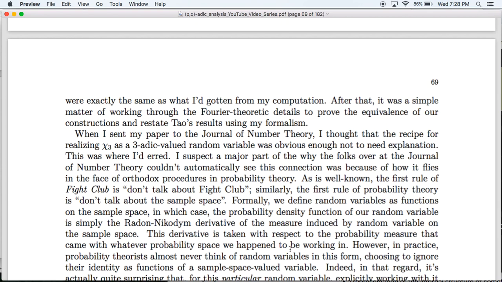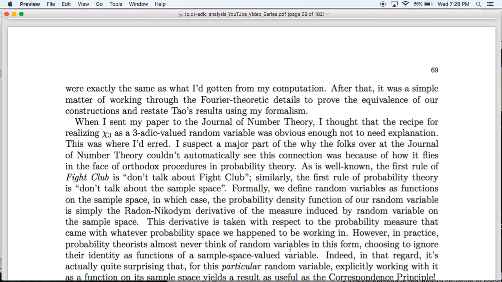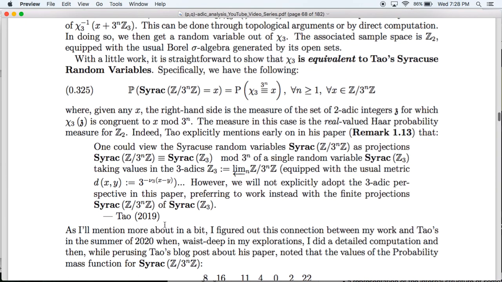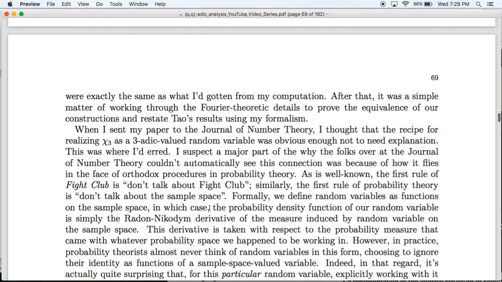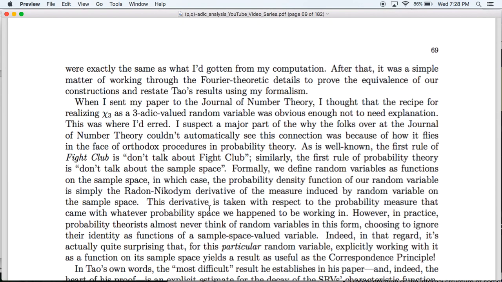In fact, you can say it's quite surprising that for this particular random variable, the Syracuse random variable chi3, viewing it as a function on its sample space yields a result as useful as the correspondence principle.